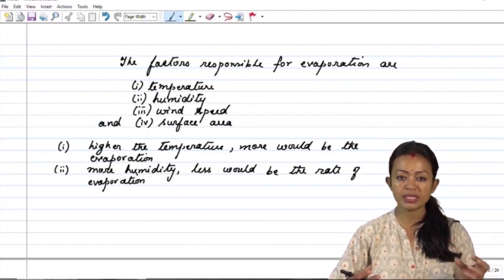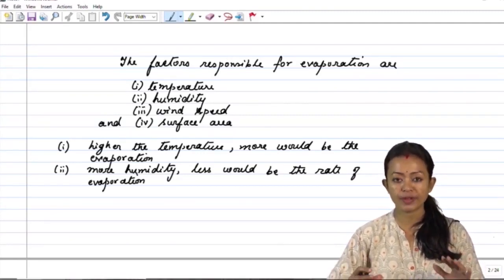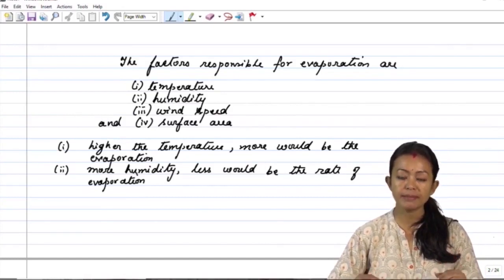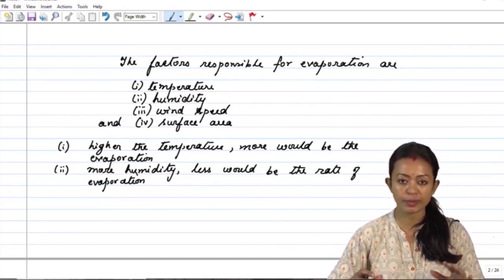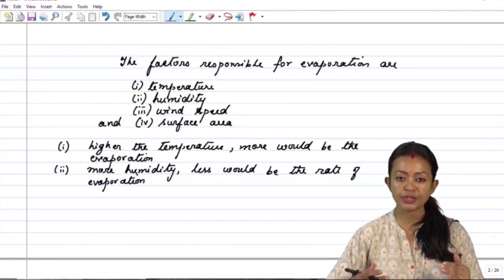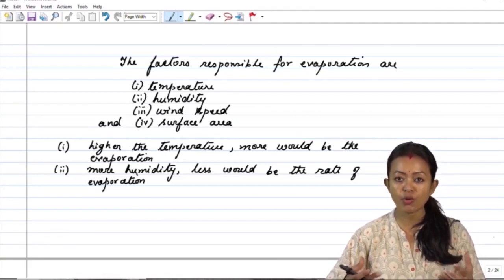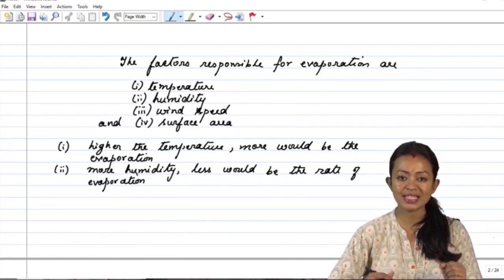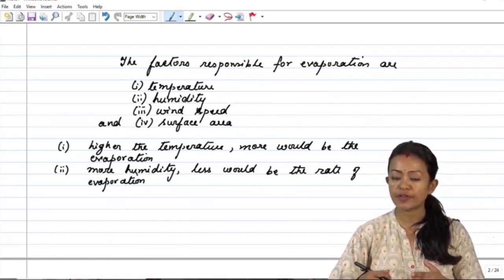Now humidity means the level of water vapor in the atmosphere is quite high. So more humidity means more amount of water vapor in the atmosphere. So what would happen? The evaporation rate will decrease because there will be less availability of space in the atmosphere for the water vapor to go and add to the atmosphere, and thus the rate of evaporation decreases.